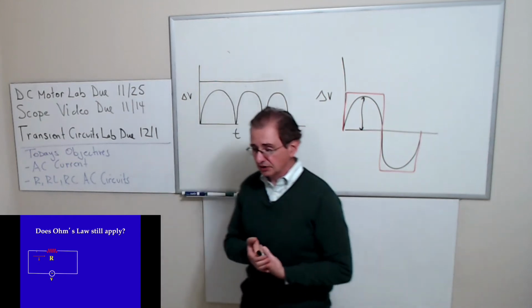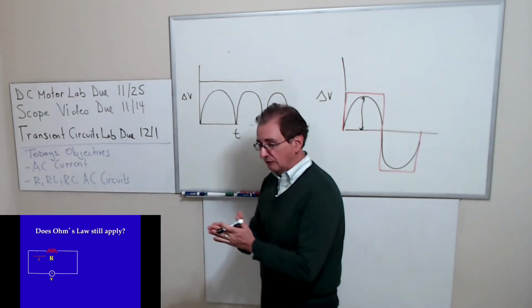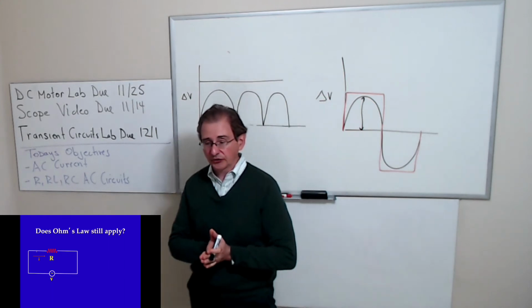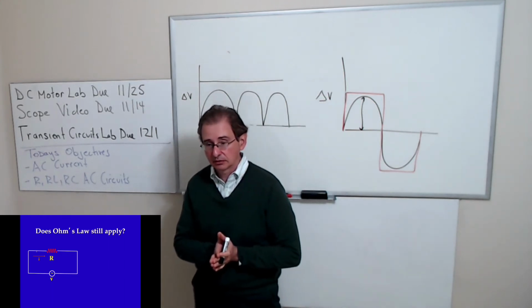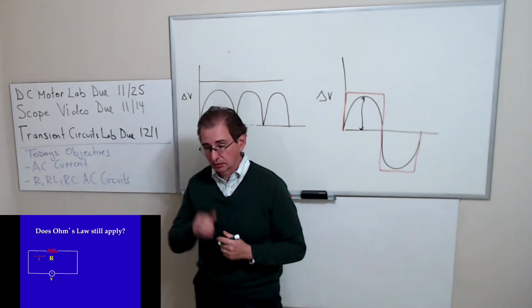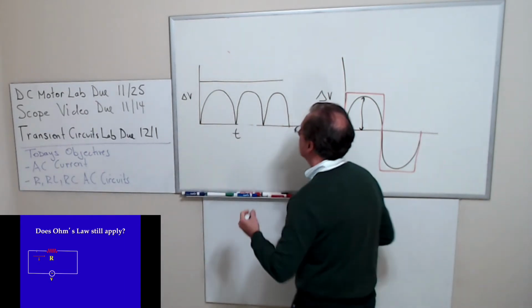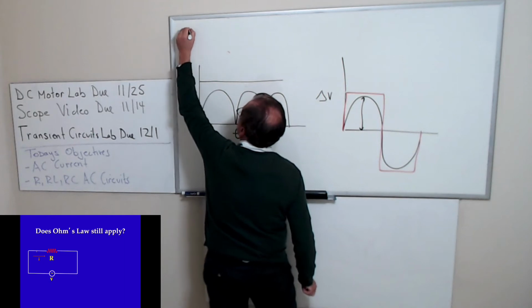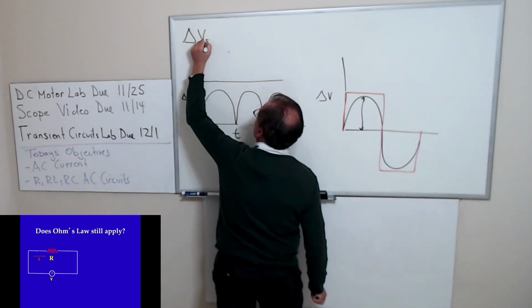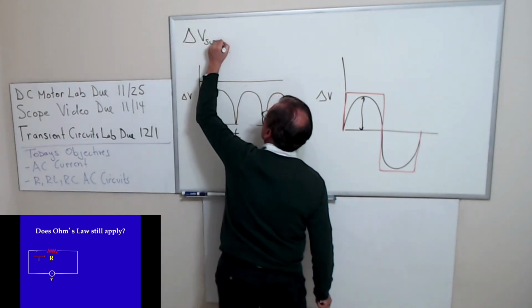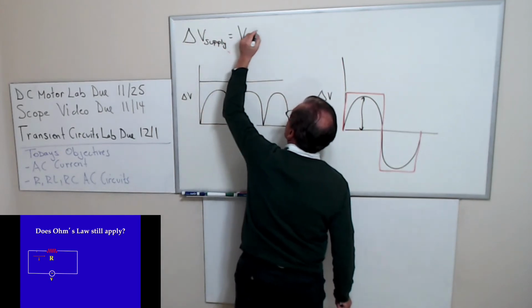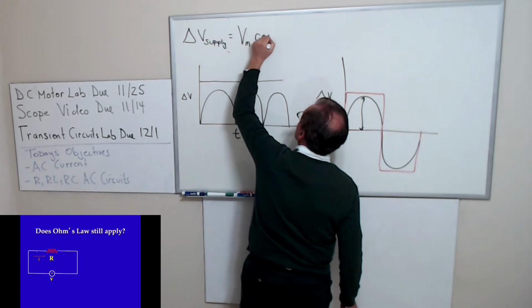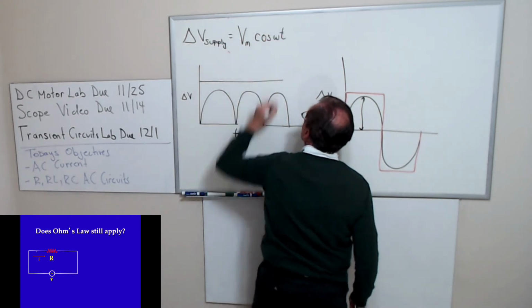We're going to focus on the circuit where the power supply voltage varies sinusoidally with time. So all our power supplies, delta V of the supply, will be written as V max cosine omega t.